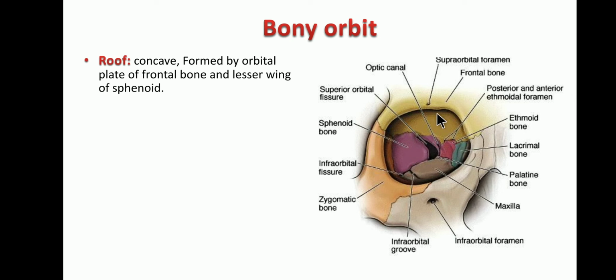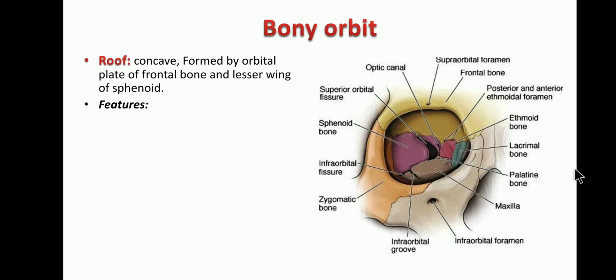So these two bones contribute to the roof of the orbit. This roof separates the orbit from the anterior cranial fossa, which is above the roof. The floor of the anterior cranial fossa is again formed by the orbital plate of the frontal bone.